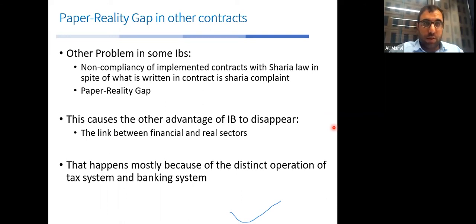But unfortunately, in many Islamic countries, including Iran, this connection between the taxation system and the banking system is not applied yet.